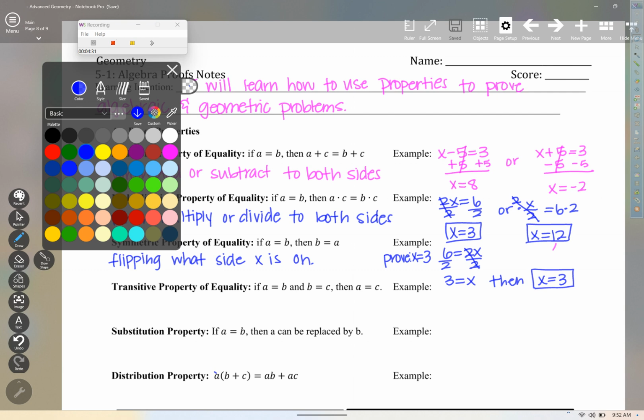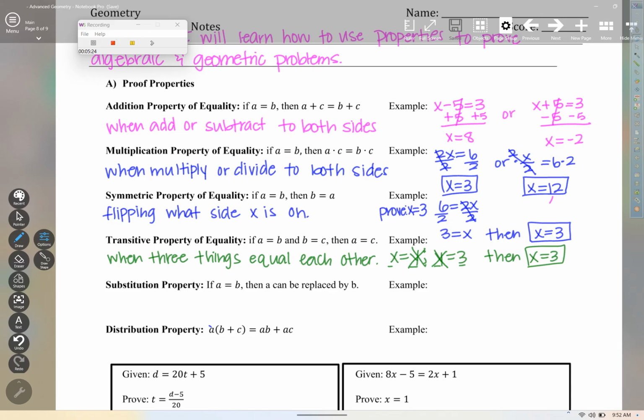Okay. We also have the substitution property. It states if A equals B, then A can be replaced by B. So a good example, let's say that x is equal to 2, and you have an expression 2x plus 5.